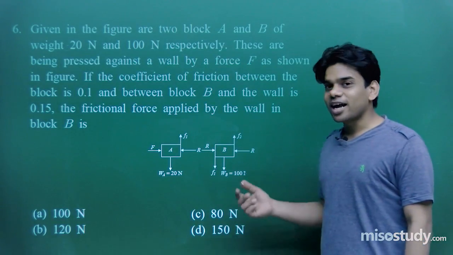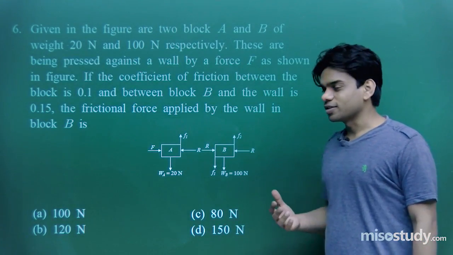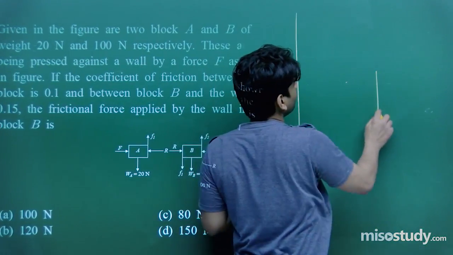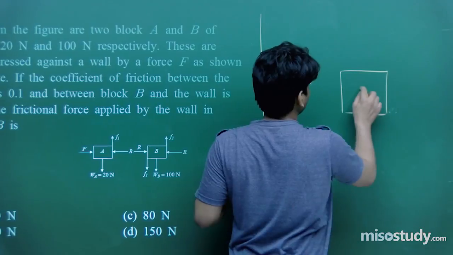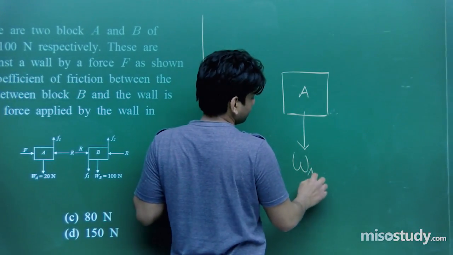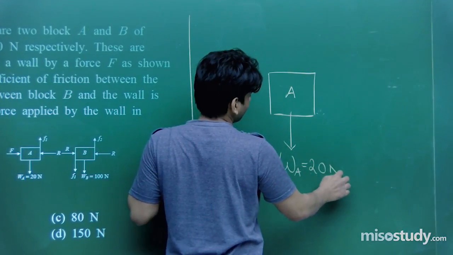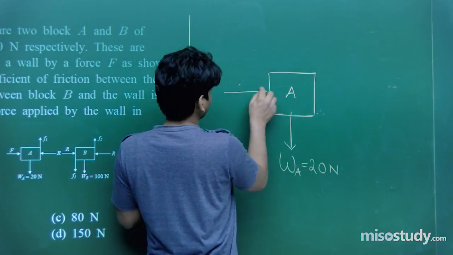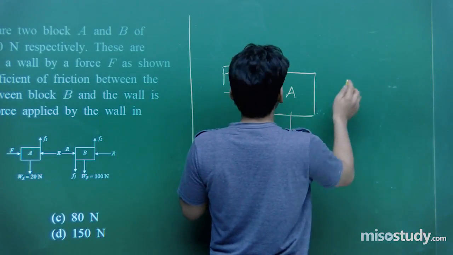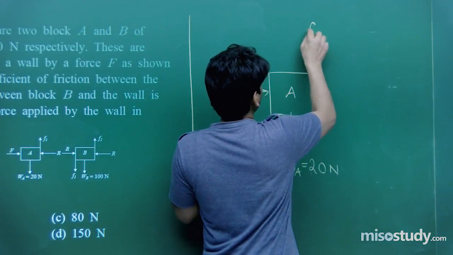Now let's try to understand what this figure is showing us. I will draw the figure for you. We have two blocks. Block A, it's given that its weight is 20 Newton, acting on this. Now there is a force F acting, and here R, and F1 acting on this block.